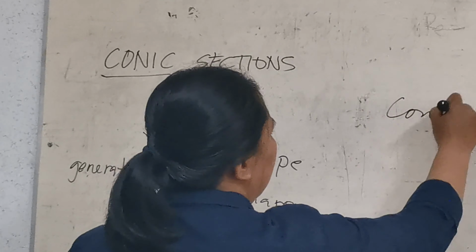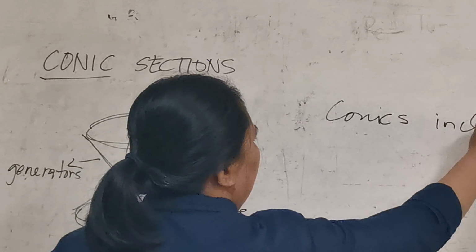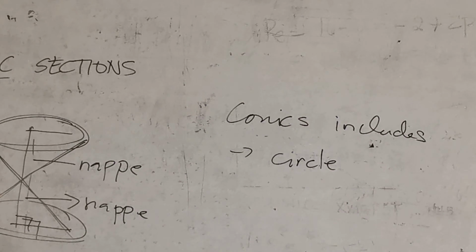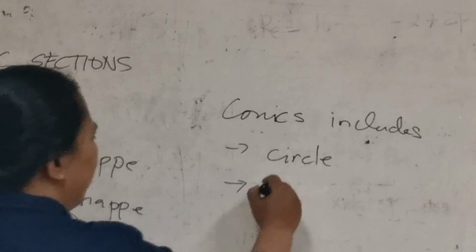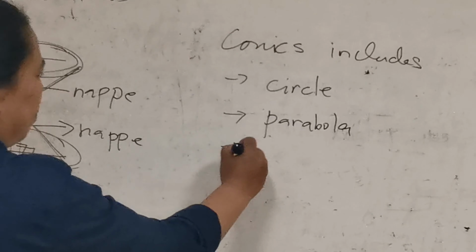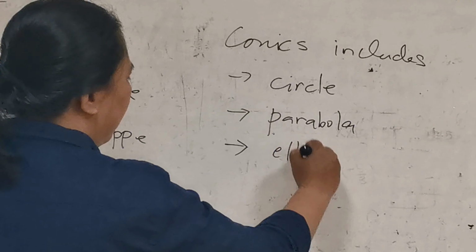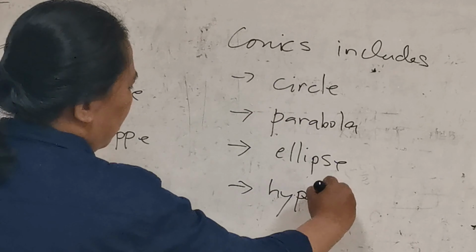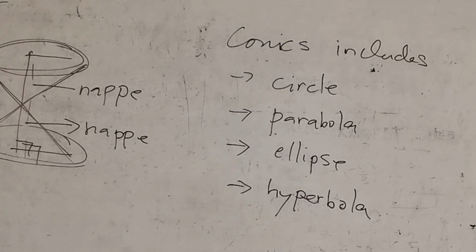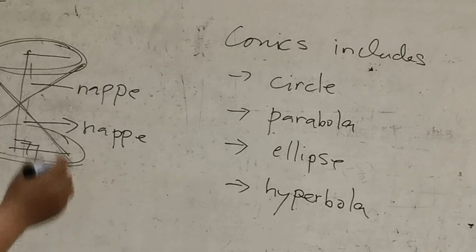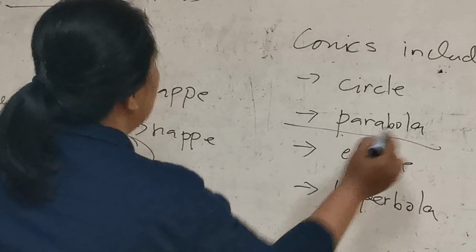Conics include circle, parabola, ellipse, and hyperbola. If the plane will cut only one of the nappes, you can create a parabola.